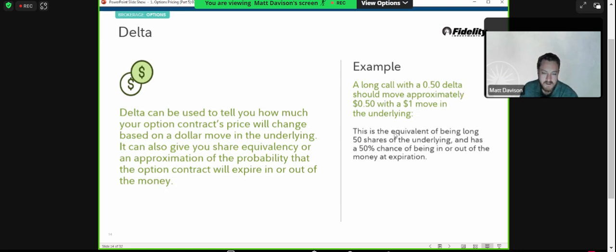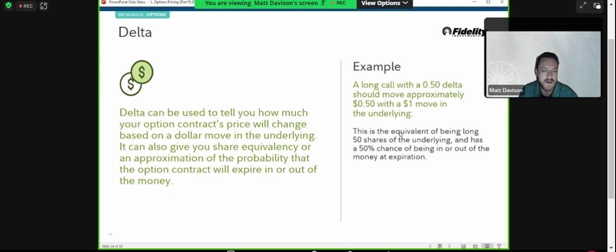The first thing is, this also tells us the equivalent amount of shares that we're controlling by doing a certain option. So if you wondered, what is actually the difference between buying a strike that's out of the money versus at the money versus in the money? What is that equivalent to in terms of my actual exposure?